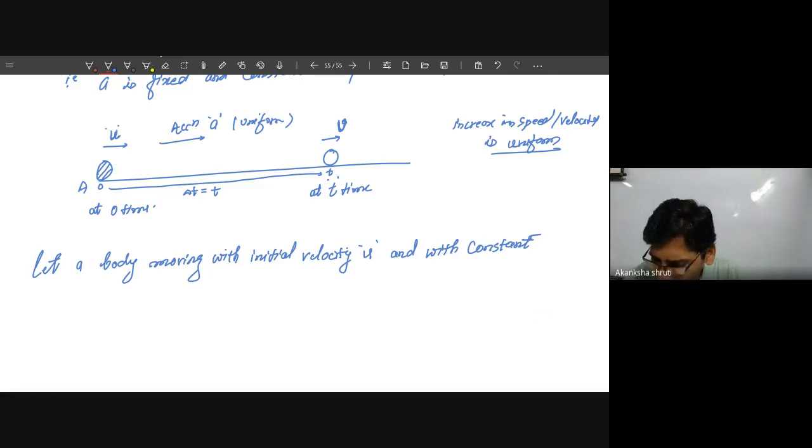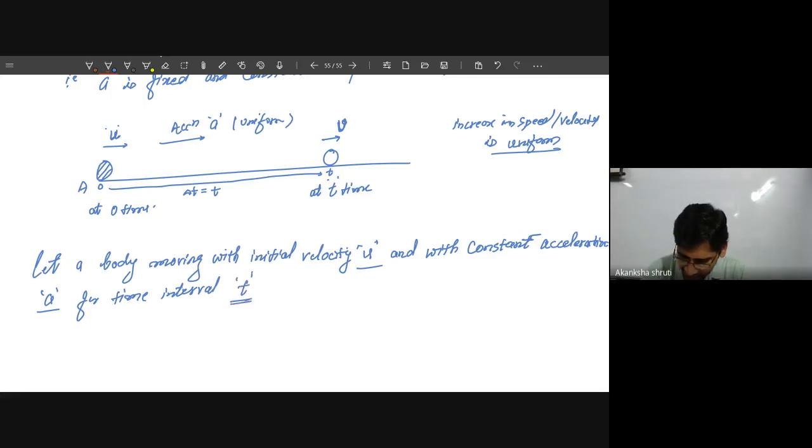Constant or uniform mean the same thing. a. This is the other quantity. This u was one of the quantities. And this motion continues for time interval t, where its final velocity becomes v.